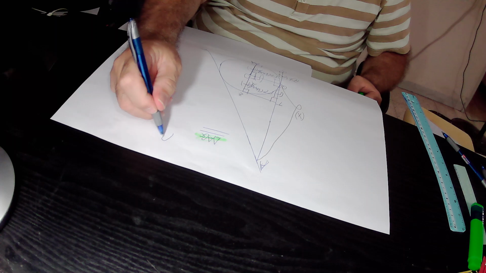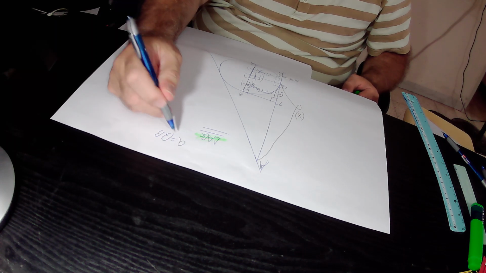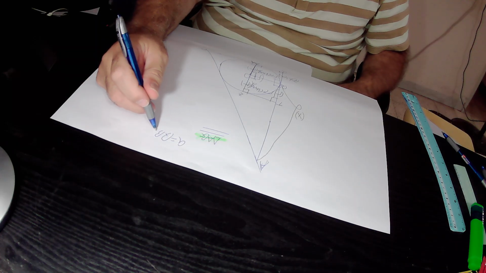Line segment QB equals A and line segment QB also equals R.